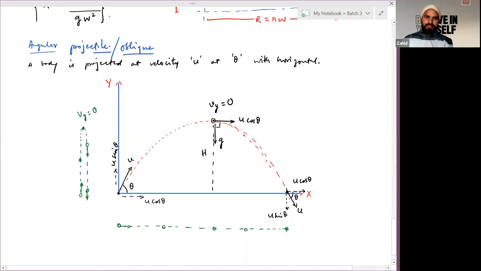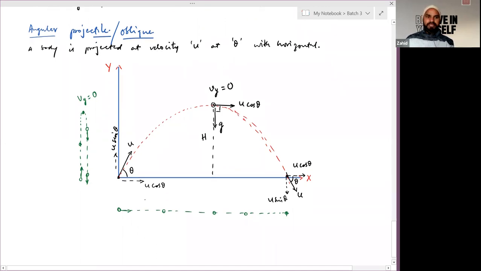Now, on the basis of these components, we may define two different terms. First is initial velocity at point of projection. So it will have two different components. One is u cos theta i cap, and the other is u sin theta along positive y-axis, so it will be plus j cap.